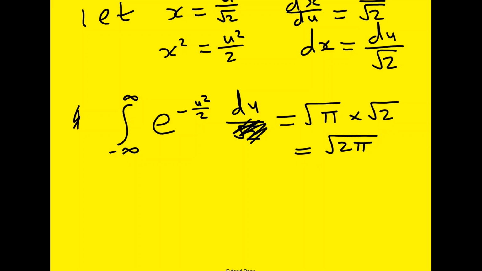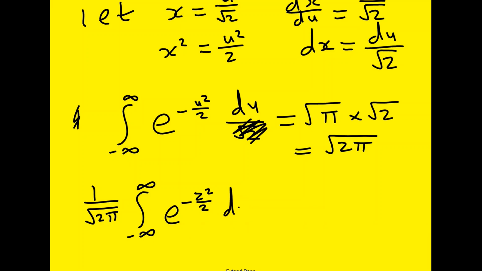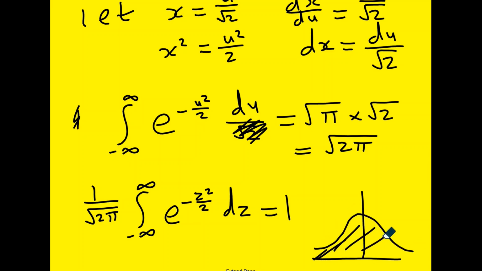So if we want to construct our standard normal distribution such that it has an area of 1, we need to divide through by that, this 1 over root 2 pi, because then finally we'll get this. I can now change it maybe to a z, equal to 1. We've taken this curve that looks like this, and we've ensured that the area underneath is equal to 1.